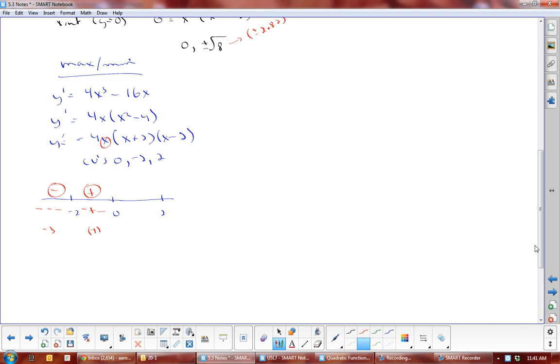Between 0 and 2, let's pick 1. That gives me a positive, 1 plus 2 is a positive, and 1 minus 2 is a negative, so that's a negative there. Then I'm going to try 3. Oh, I should label this f prime x, right? With 3, I will get a positive and a positive.